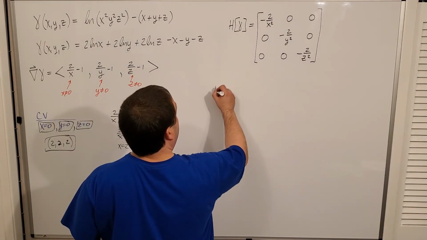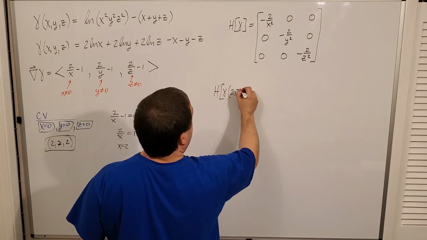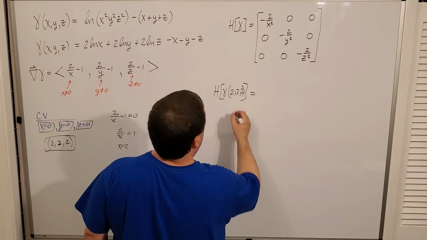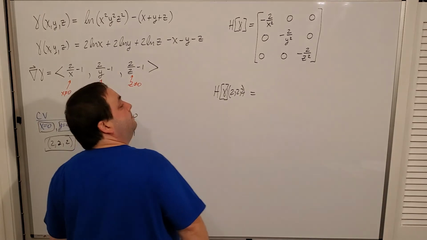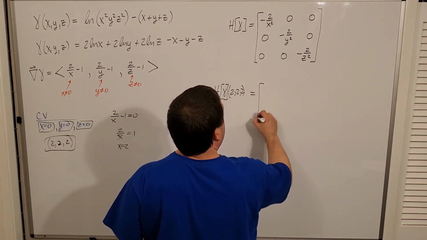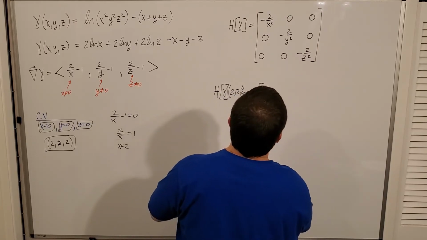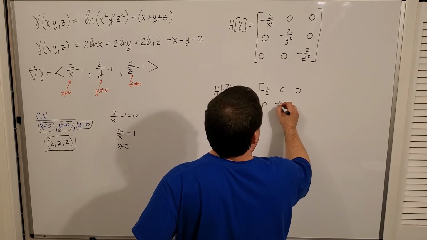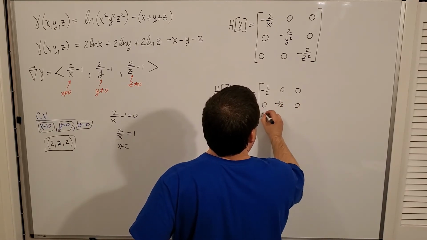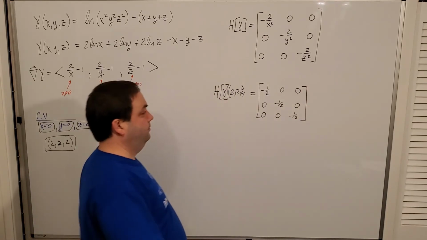So the Hessian of gamma at 2, 2, 2, I suppose I should probably do it this way, like that, is going to be equal to the matrix negative 1/2, 0, 0, 0, negative 1/2, 0, 0, 0, negative 1/2, like so.